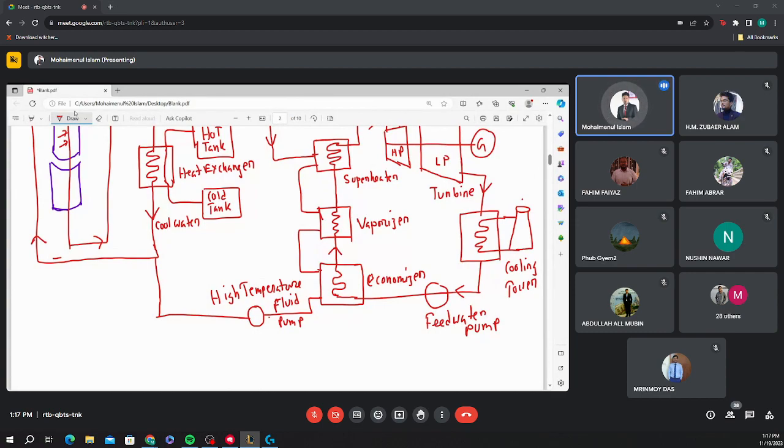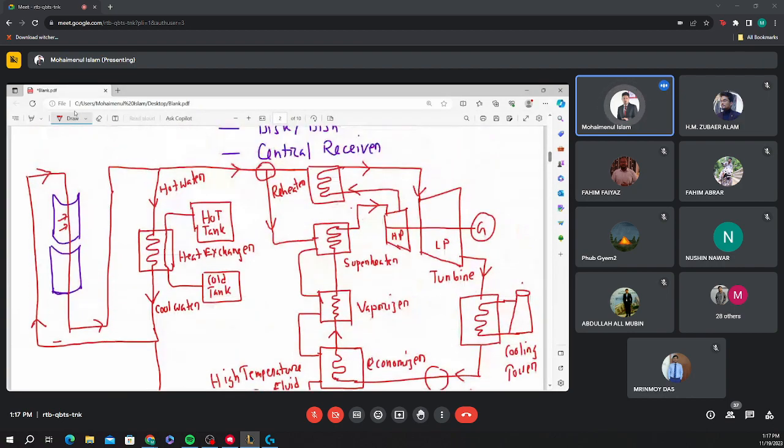Vaporizer vaporizes the steam. That means the water turns into steam. Then that steam will go to the superheater again and get superheated and again go to the turbine. That means this cycle circulates through the turbine separately. This cycle, okay, the double arrow cycle, whole cycle is only for turbine.